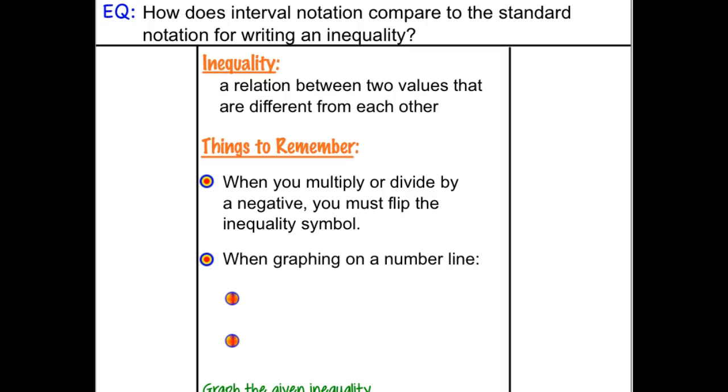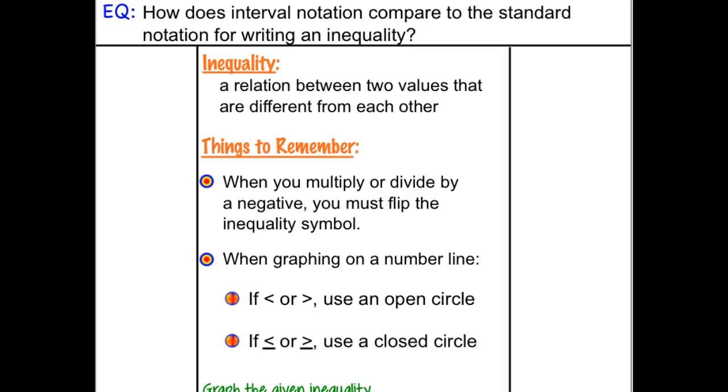Then when graphing on a number line, if less than or greater than, use an open circle. And if greater than or equal to, or less than or equal to, use a closed circle. The way I like to think of this is your inequality symbol as a hose and your circle is your pool.